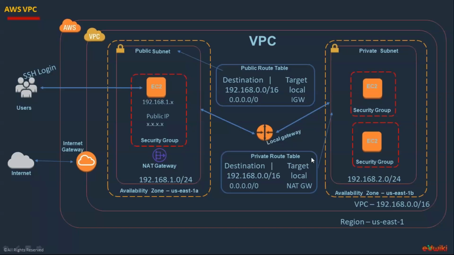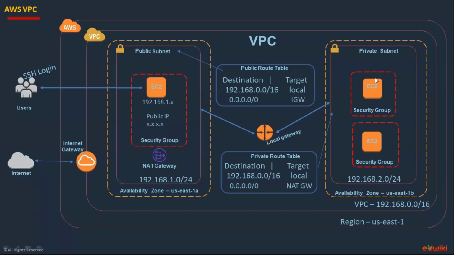Hey, I want to connect to the internet, tell me how I need to route the packet. The first entry says, if your destination is within the VPC, use the local gateway. No, my destination is not within the VPC. My destination is the internet. Okay, then use the default entry. The default entry says to give the request to the NAT gateway.